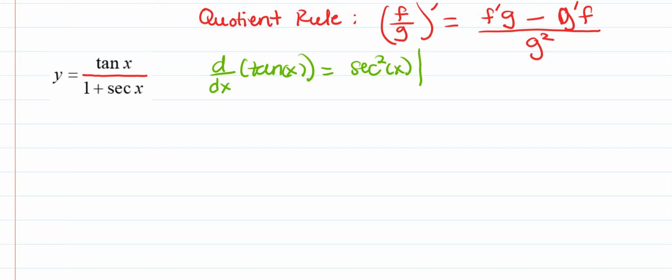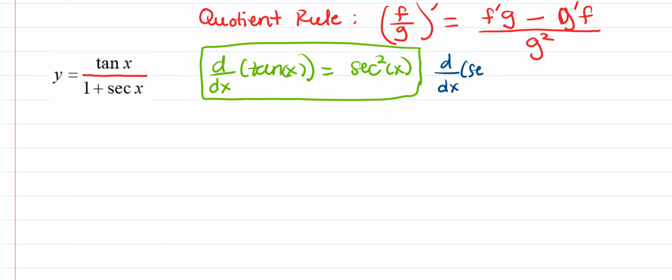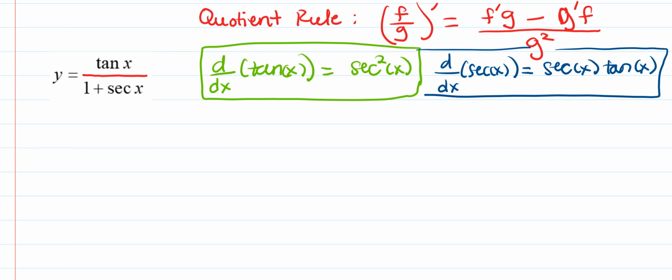And then the derivative of secant of x is secant x tangent x. So those are the two derivatives you have to know, as well as the quotient rule in order to do this problem. So here we go.